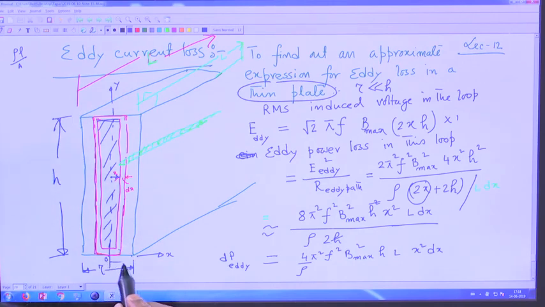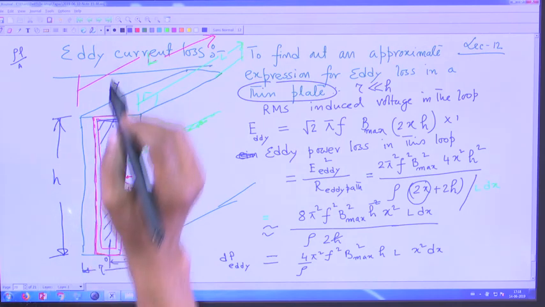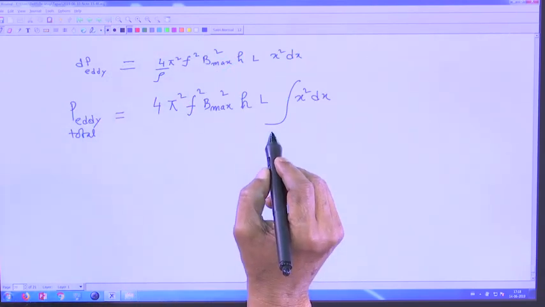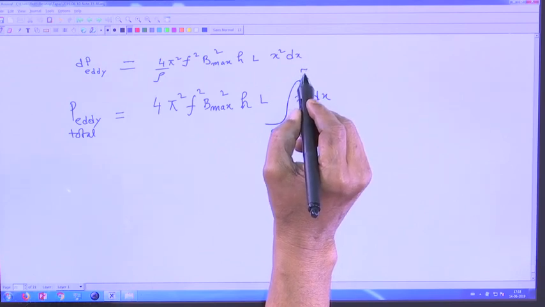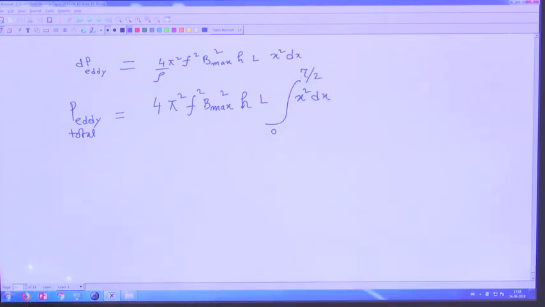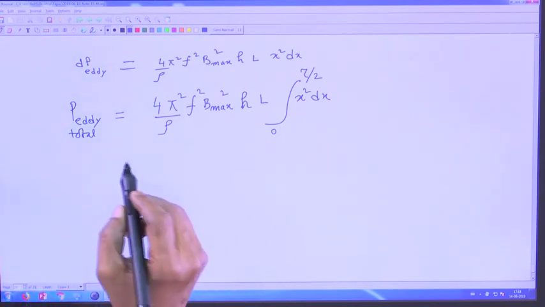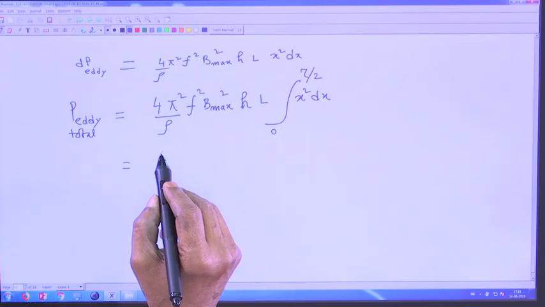This is tau by 2, where tau is the thickness of the plate. So, that will be the limit, 0 to tau by 2, that is all. This will be the thing, divided by rho, of course. So, the next step is straightforward.